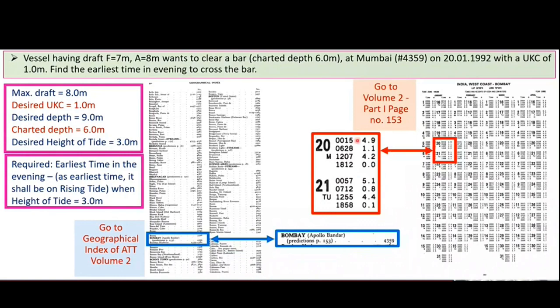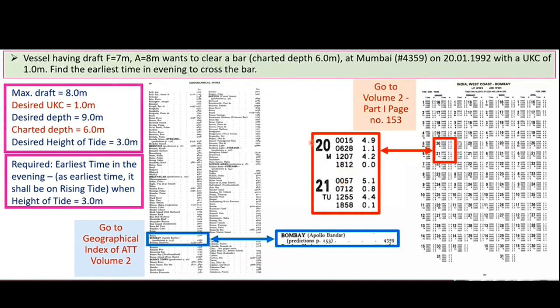Why we have picked up for 2 dates? Because though we wanted for 20th, we see that on 20th, 1207 to 1812 is an ebb tide. And in the evening, the rising tide starts from 1812. So obviously, we have to find the time between 1812 and 0057.